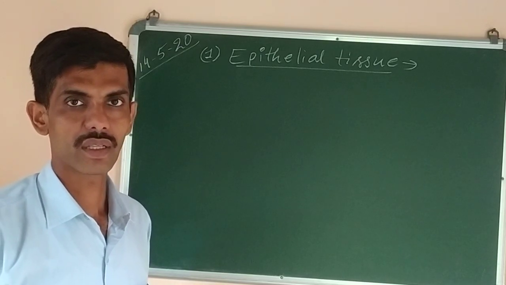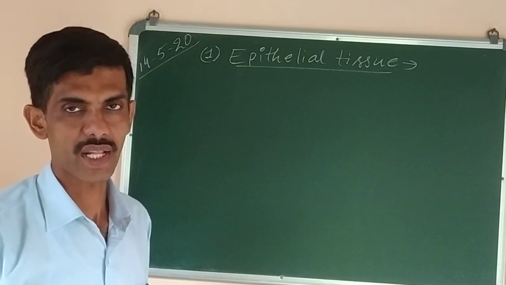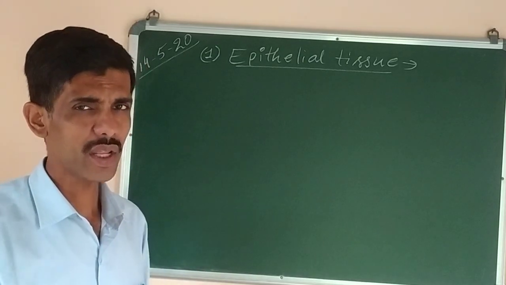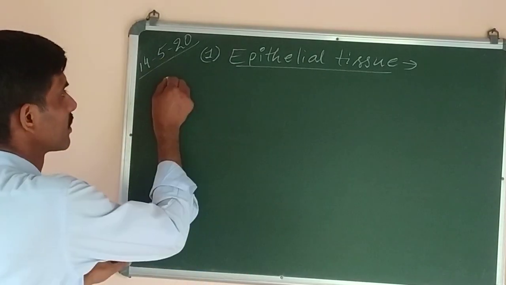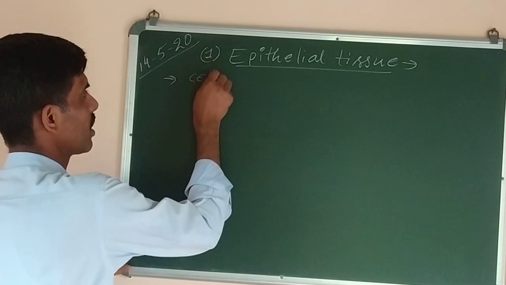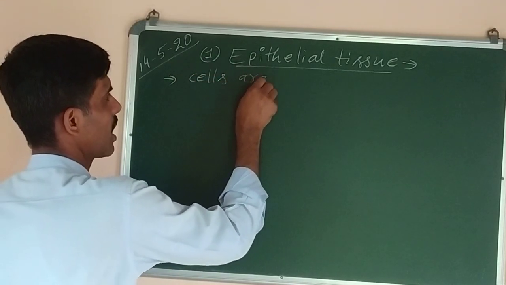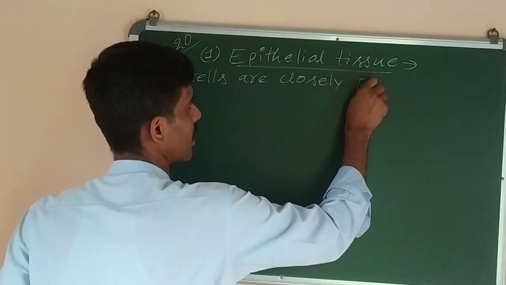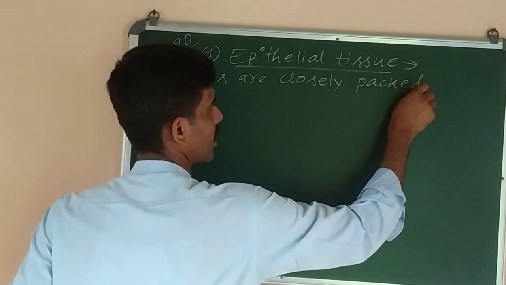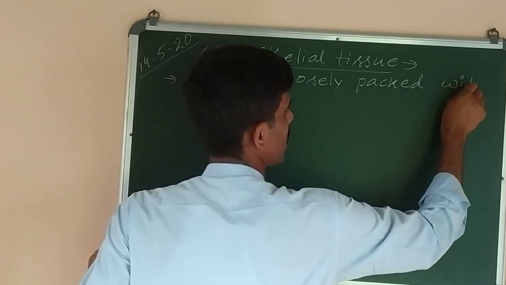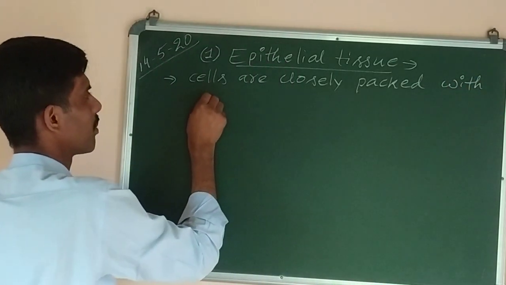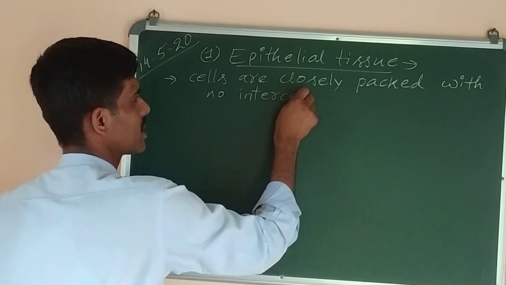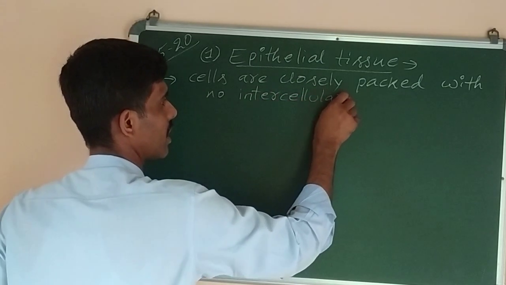It is the tissue which is made up of cells that are very closely packed. So what are the points you have to learn? Cells are closely packed with no intercellular space between them.